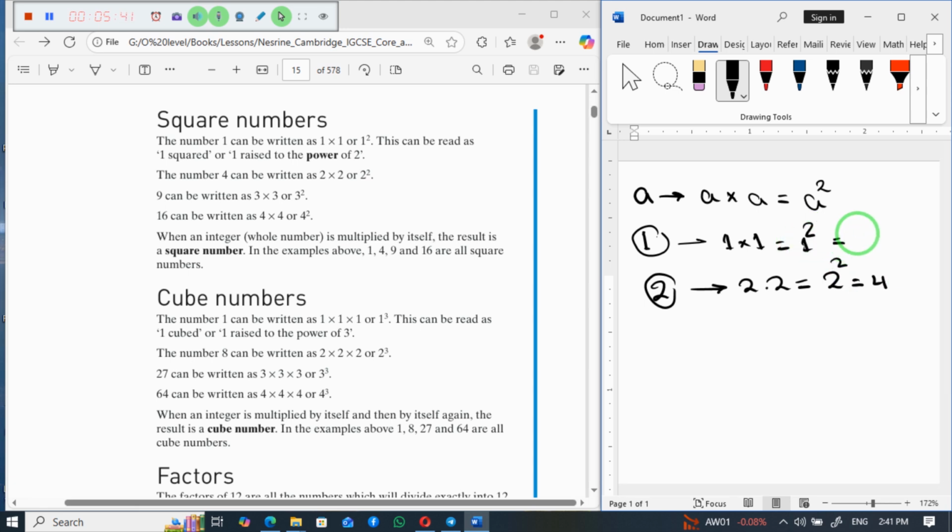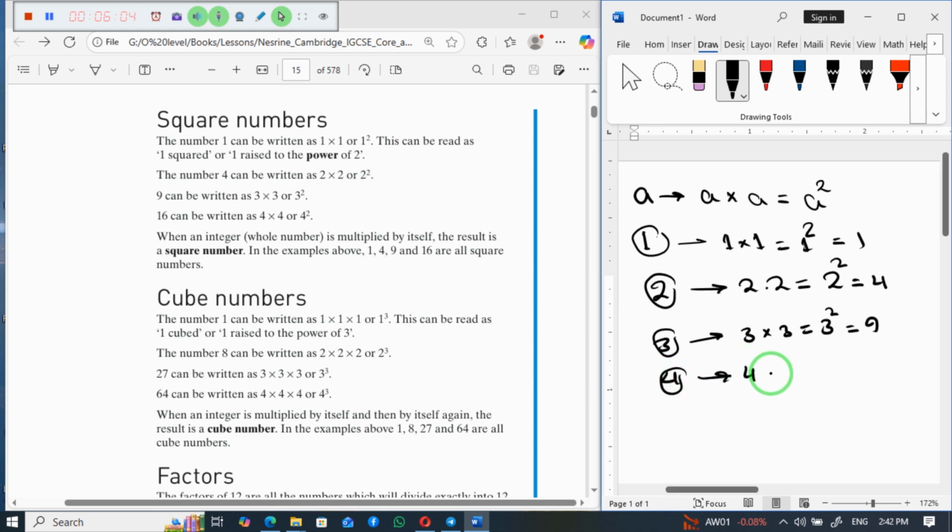The result of 1 squared is also 1, because 1 multiplied by 1 is 1. 3 multiplied by 3, or 3 times 3, is 3 squared, which is 9. Or 4 times 4, 4 raised to the power of 2, is 16.